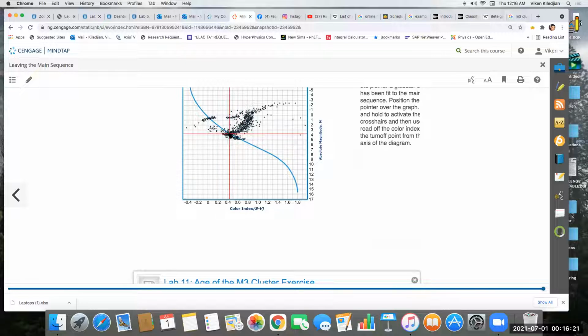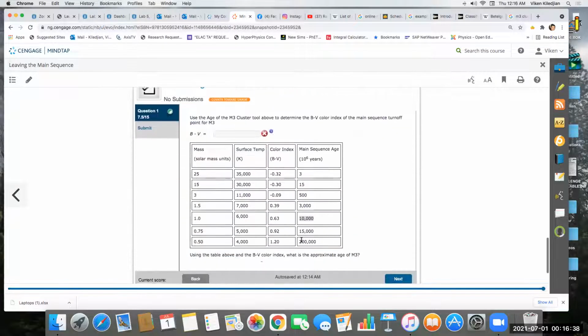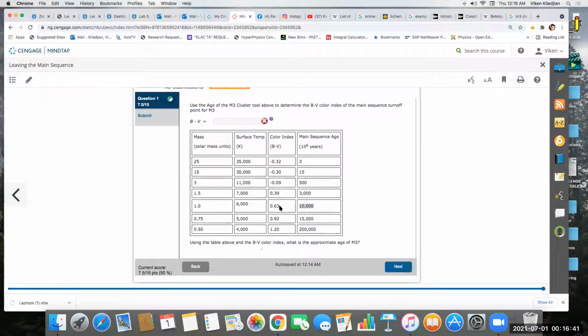These are all living stars. Somewhere here probably. Then based on the BV index of that and this chart, you guess a number.